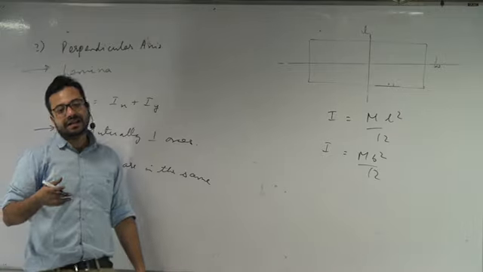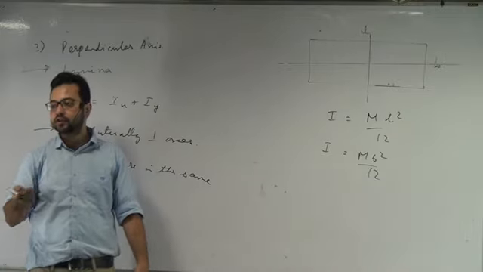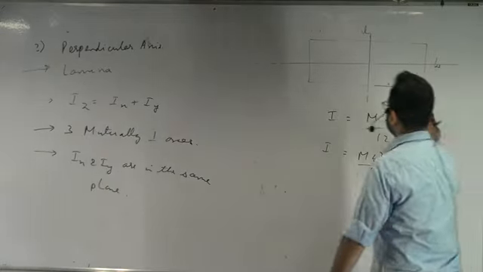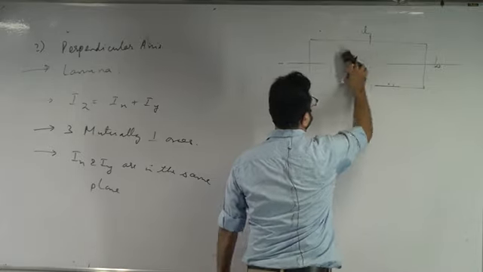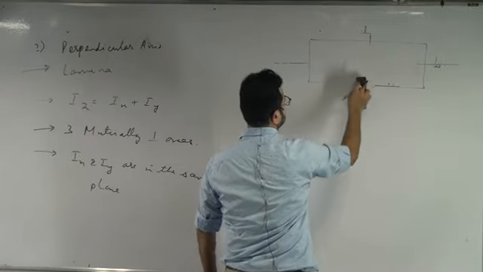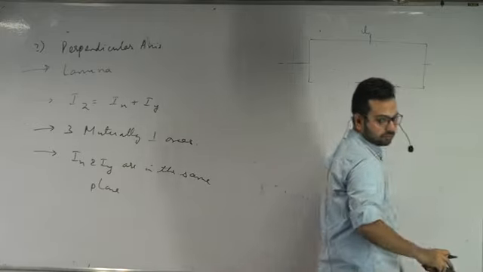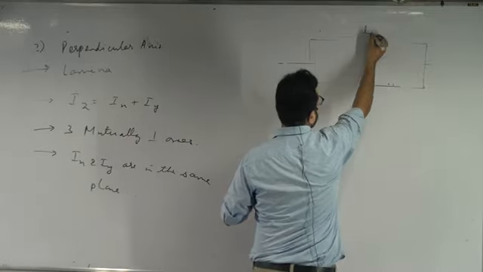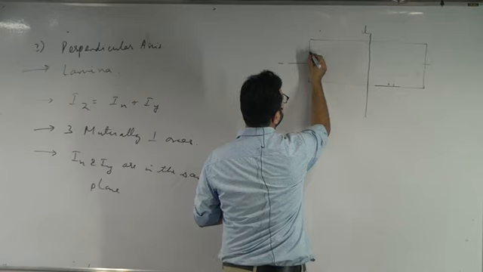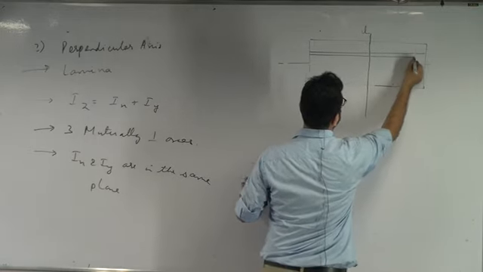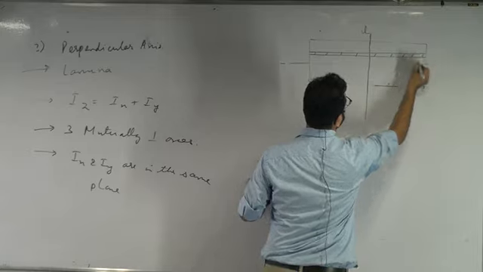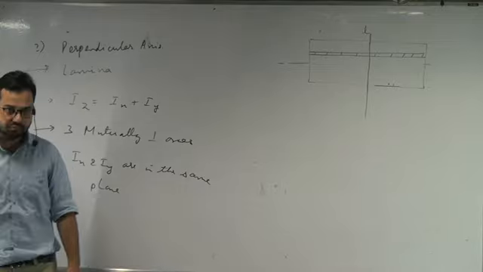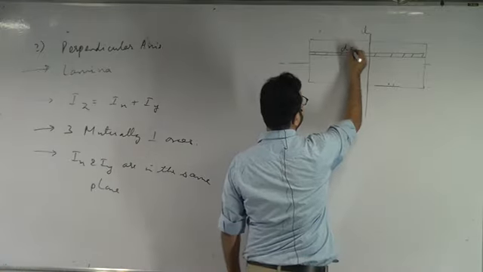Okay, or I can give you an alternate derivation. ठीक है, I can give you a simpler alternate derivation. देखो कैसे करना है. हाँ, स्ट्रिप समझ के, रॉड टाइप समझ के. हाँ, सही बोल रहे हो, एब्सोल्युटली राइट. ठीक है, देखो, so what we can do is we can break this rectangle into thin rods. ठीक है, अब थिन रॉड का मास मान लेते हैं dm.